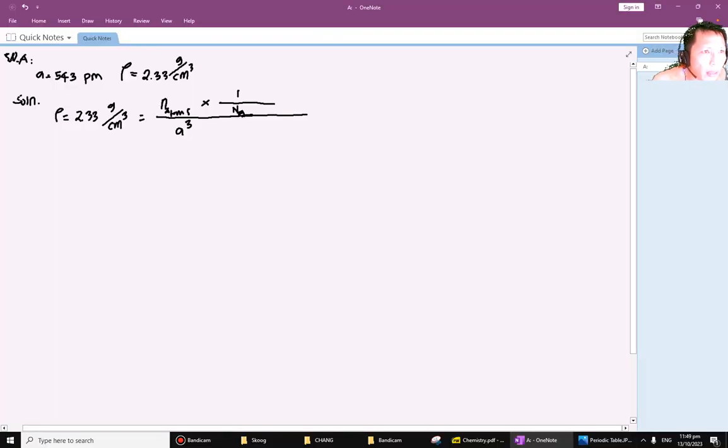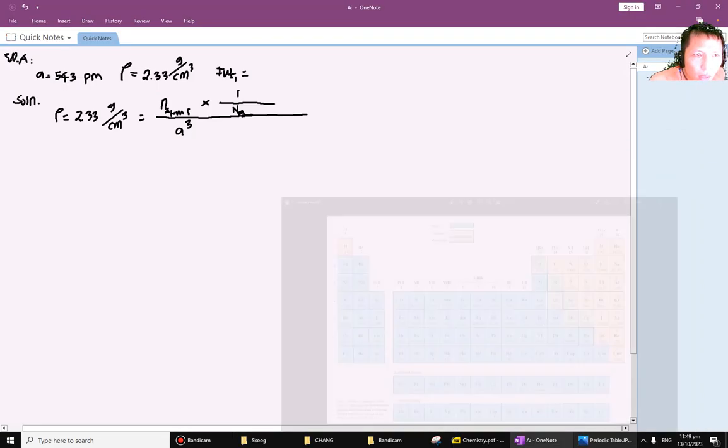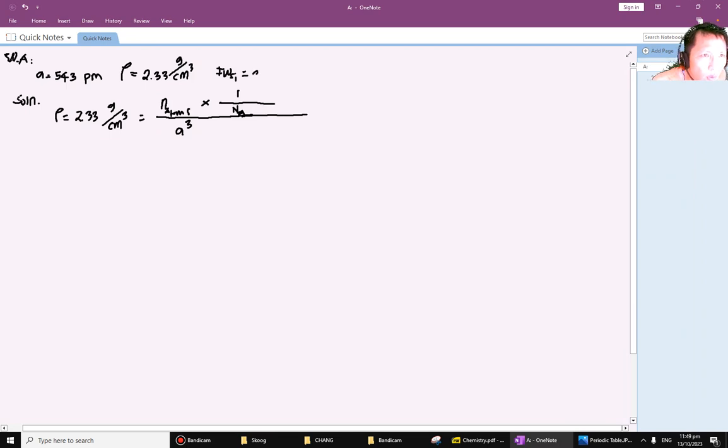So we should write that down. That's also a given. That is the molecular weight or the formula weight of silicon, 28.085, with units of grams per mole.